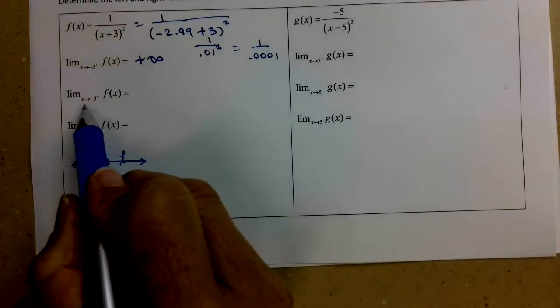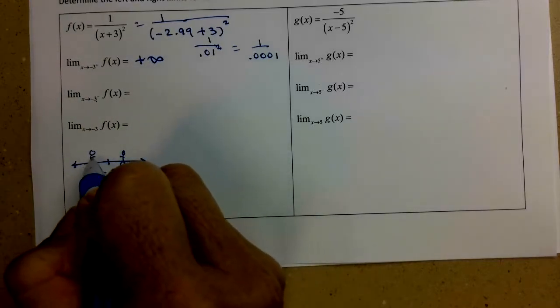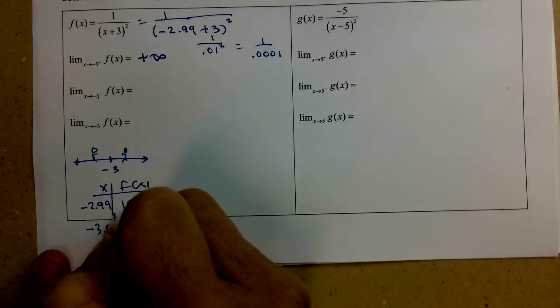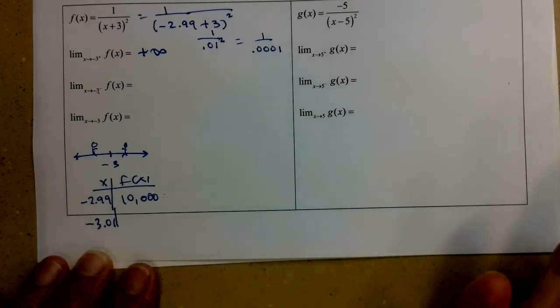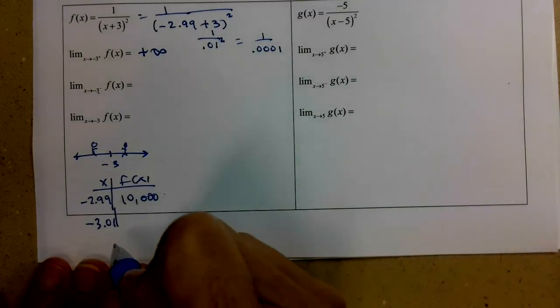Now, how about if I head towards negative 3 from the left, right? So now I'd be here marching in. So maybe that one would be negative 3.01. So what is that value going to be? Again, you can punch it into your calculator if you would like.